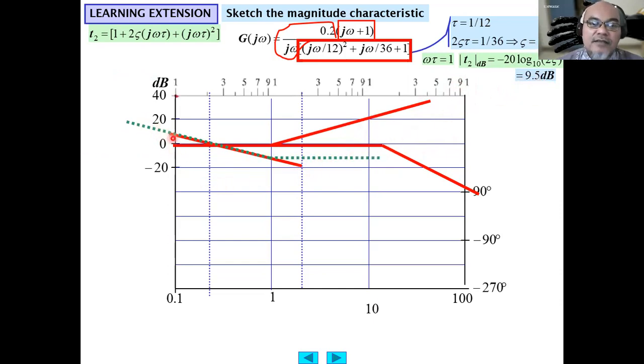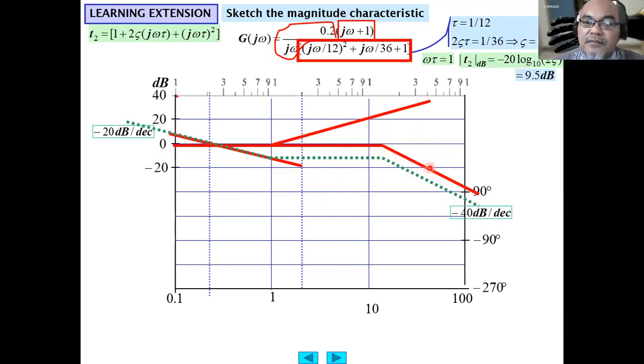So then the composite between 0.1 until 1 is decreasing at minus 20 decibel per decade, from 10 until negative 1, negative 10, and 0, because these compensate each other. After that, it decreases by minus 40 decibel per decade.